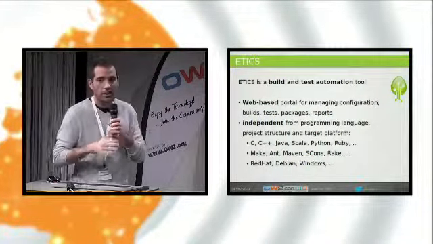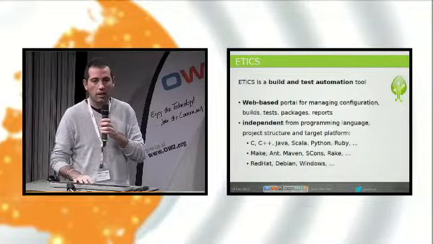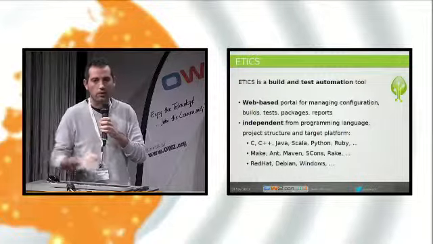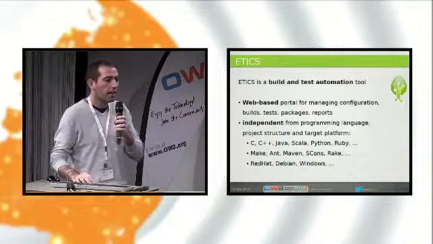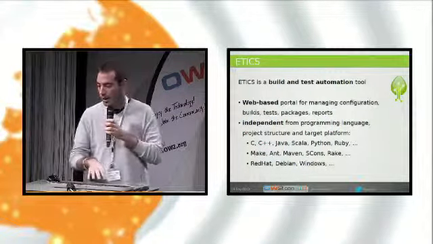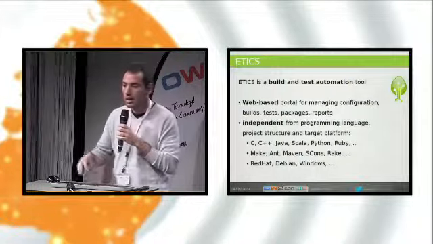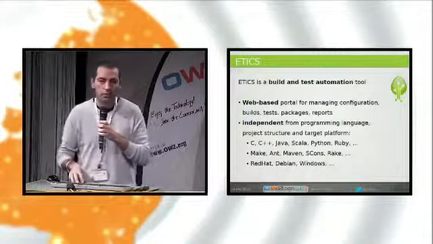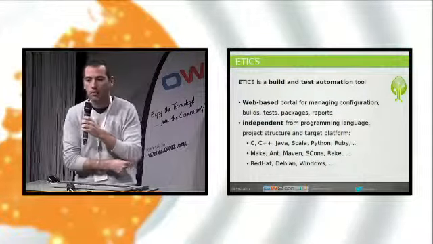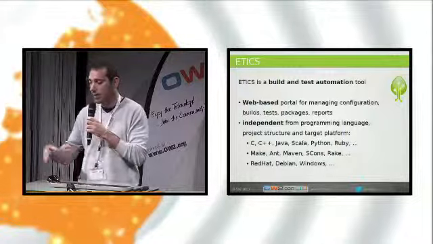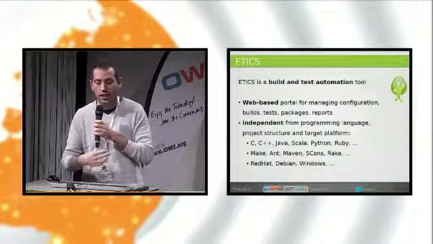It is completely web-based, so there is a web portal from where the user can instruct the system to do all these steps in an automatic way. And it is agnostic to programming language, platform, or building tool, so it can build components that use Ant or Maven, or that are written in Ruby or Scala.